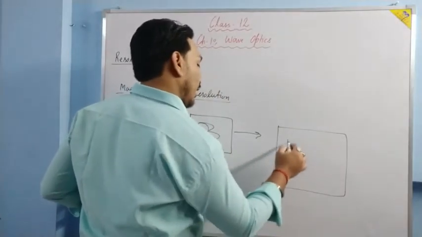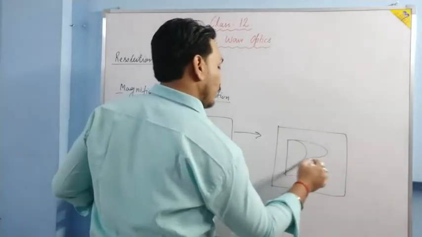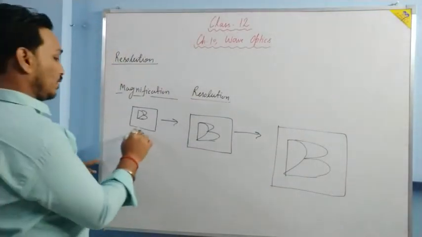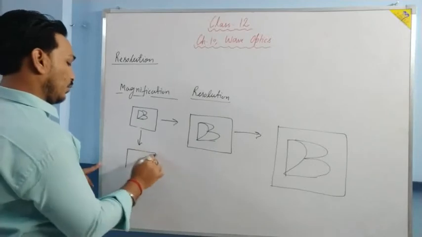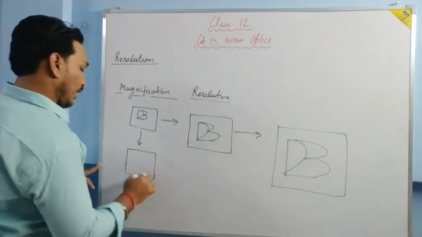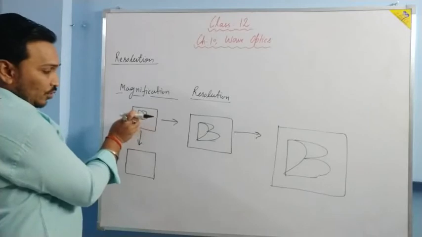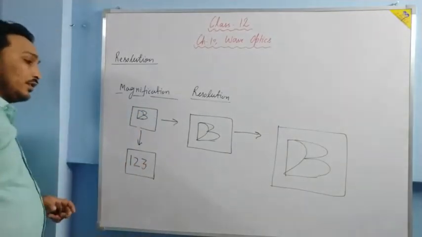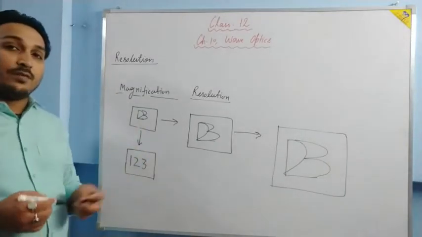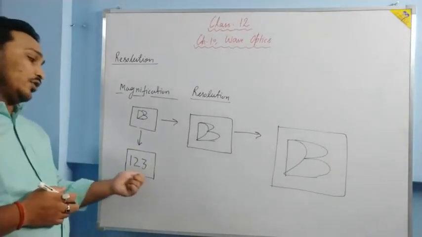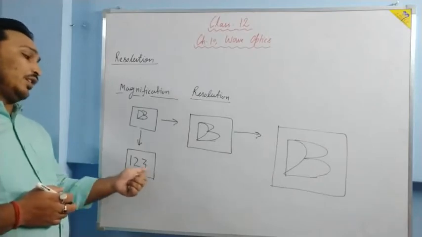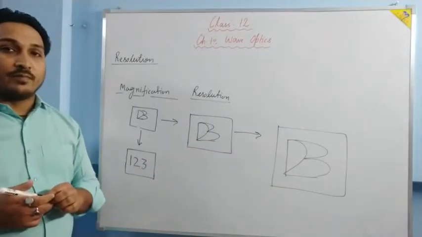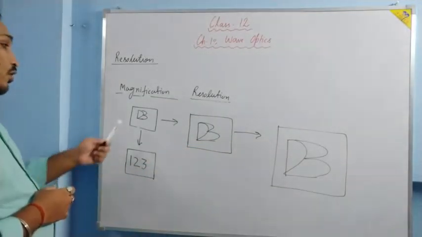So this is what magnification means. What does resolution mean? Resolution means the size of the image may be a bit magnified, but these things which are very close to each other can be looked at separately. Just see, there is not much difference in the size, but here we can resolve the things. We can see 1, 2 and 3 separated. Here it is not, here it is not, here it is not. Is it clear? So this is what resolution means.